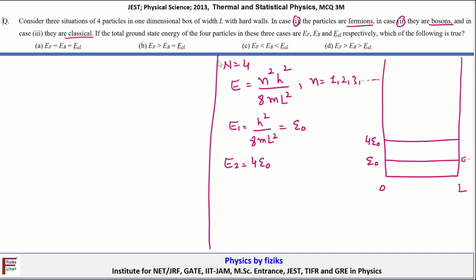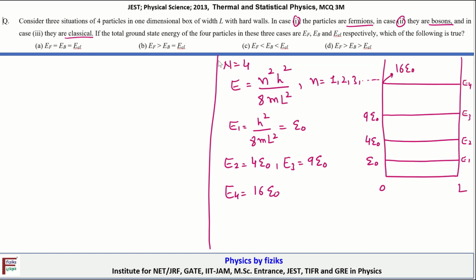So this is E1, E2, and then similarly we will have E3 and E4. E3 will be 3 squared times E1, so E3 is equal to 9 times E0, and E4 is equal to 4 squared, that is 16 times E0.